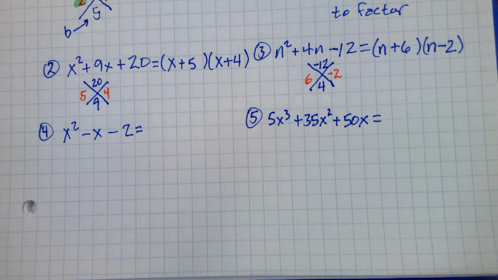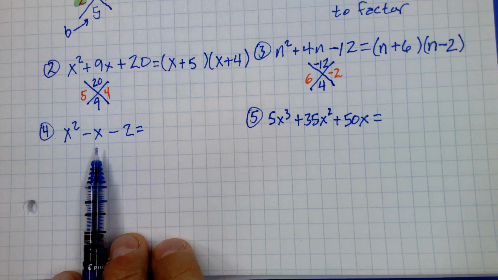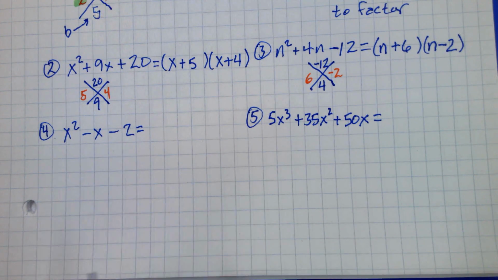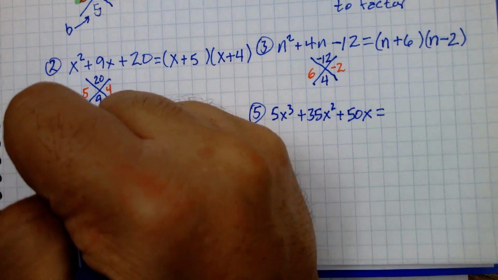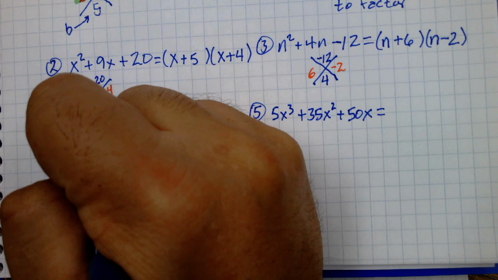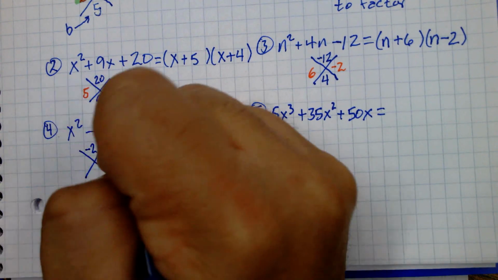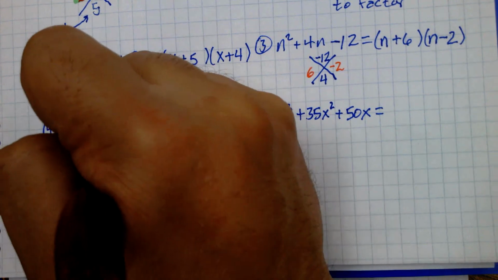So let's try the first one. Is there a GCF I could take out of x squared, x, and minus 2? So we go right to our x problem. What numbers do we want here? Negative 2, right? And then here, remember, negative 1.